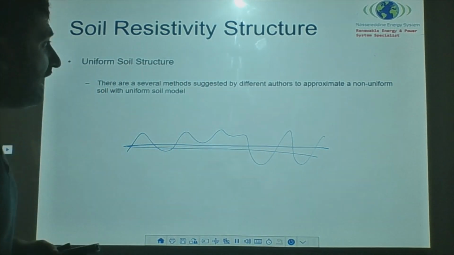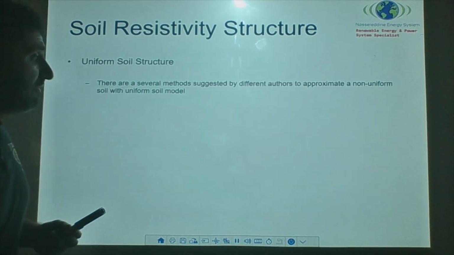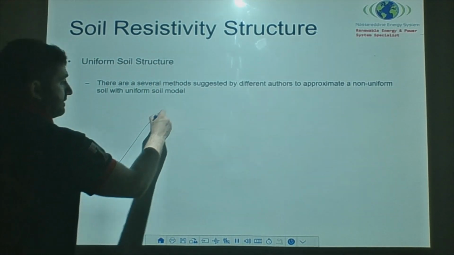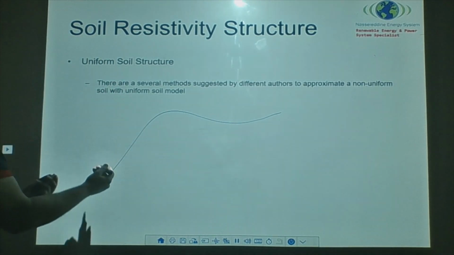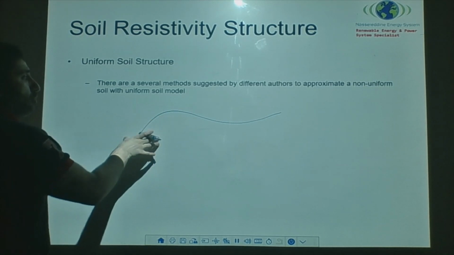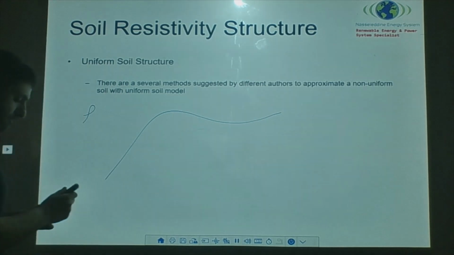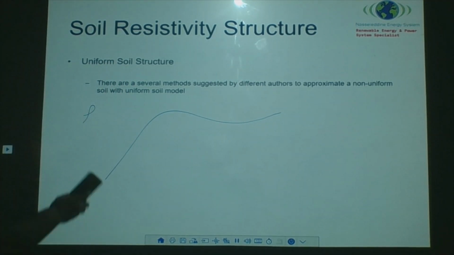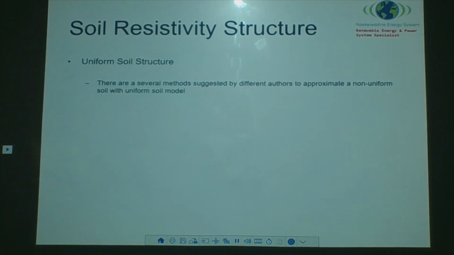Now, if you have a non-uniform soil, for example, if you have it like this, how would I get a uniform soil? I get rho to represent all this. What I'm going to show you is based on published research.